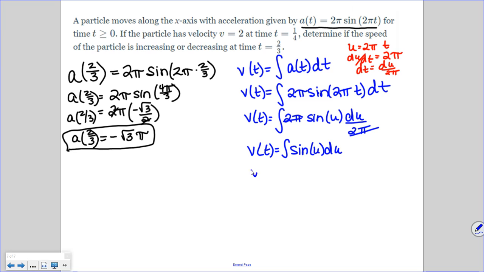The antiderivative of sine is negative cosine plus the constant. Substitute the u back in. Negative cosine of 2 pi t plus the constant.